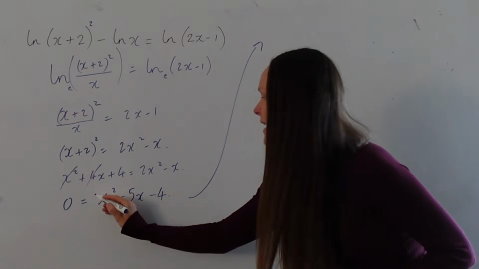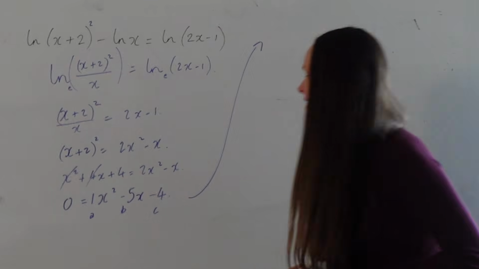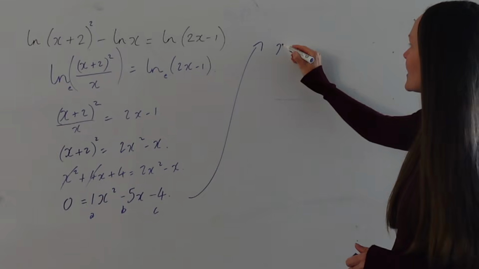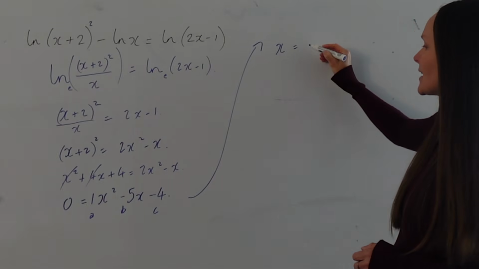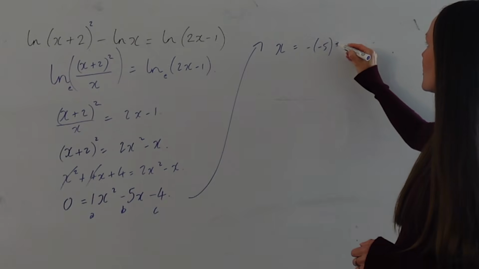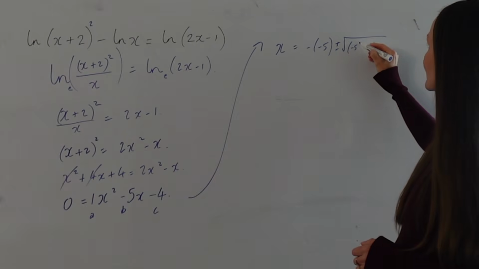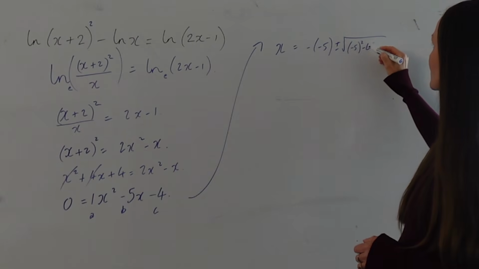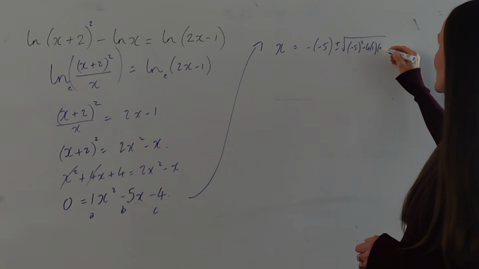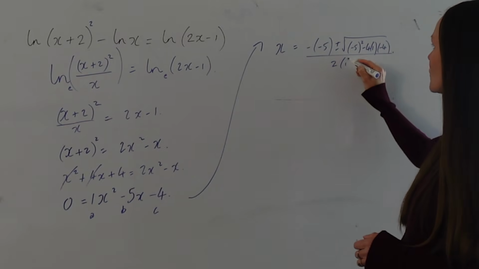So remember, a here is going to be 1, b is negative 5, and c is negative 4. So if we're working out our values of x, we take negative b, so negative 5, plus or minus the square root of b squared, so negative 5 squared, minus 4 times a times c, all divided by 2a, so 2 lots of 1.